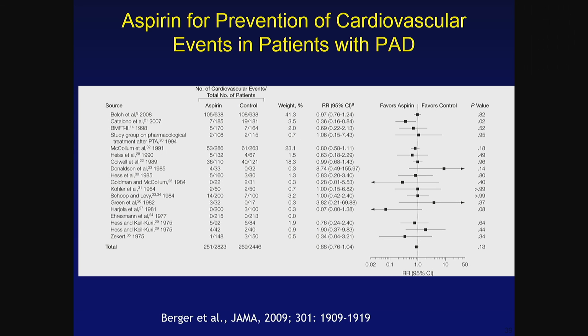This meta-analysis showed that the benefit of aspirin has not been as robust or as significant as shown in the older meta-analyses, and this certainly brought into question the role of antiplatelet therapy in patients who have peripheral artery disease but do not have established coronary or cerebrovascular disease.